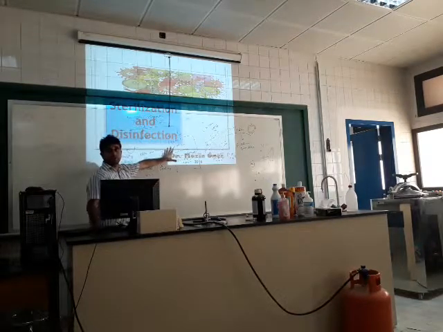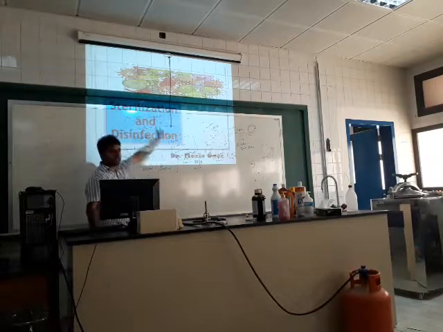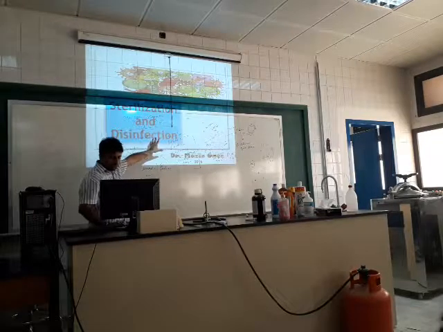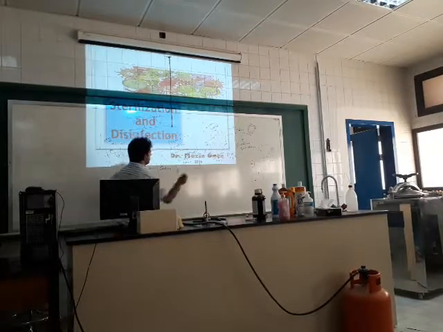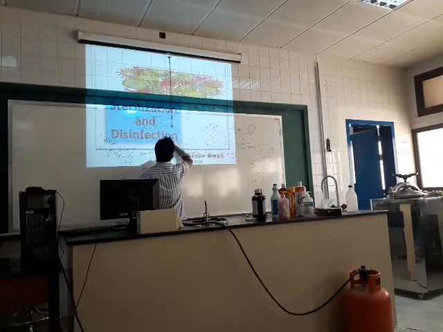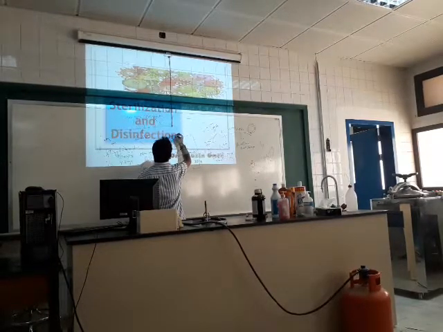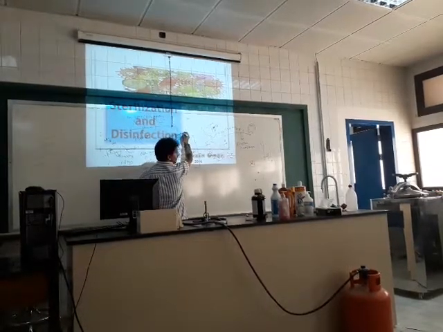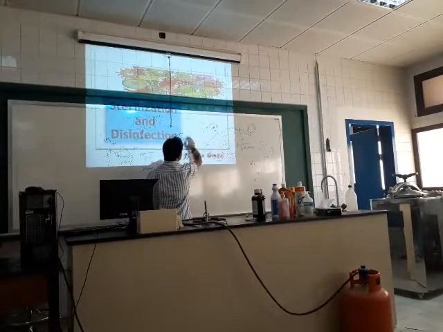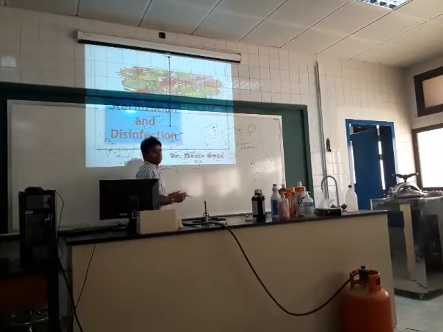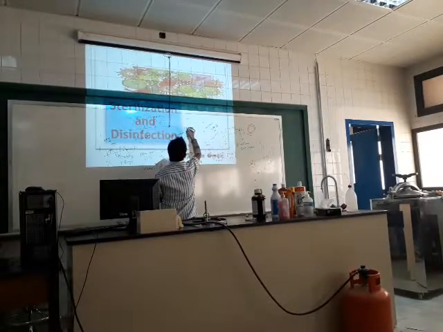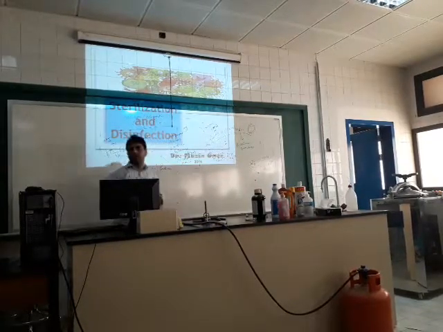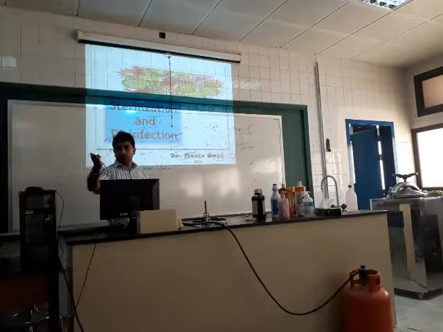Among these, I will give you the examples. Examples are here. Among all these: alcohol, phenol, halogens, iodine, and yes, one more is the heavy metals. What are the heavy metals? Tell me the name of heavy metals. Yes? Mercury. Very good, mercury. And in your PBL case, what was the treatment?